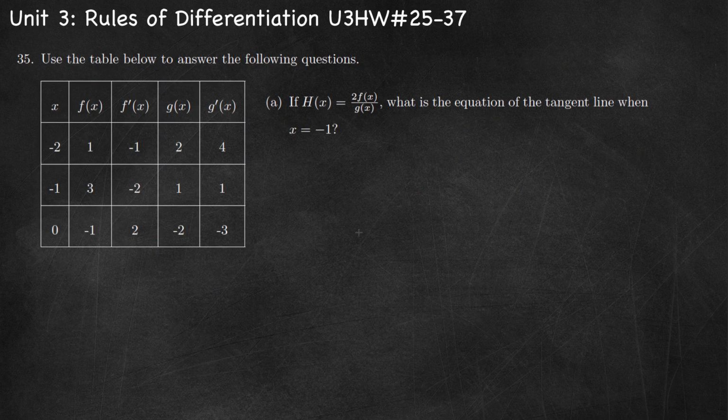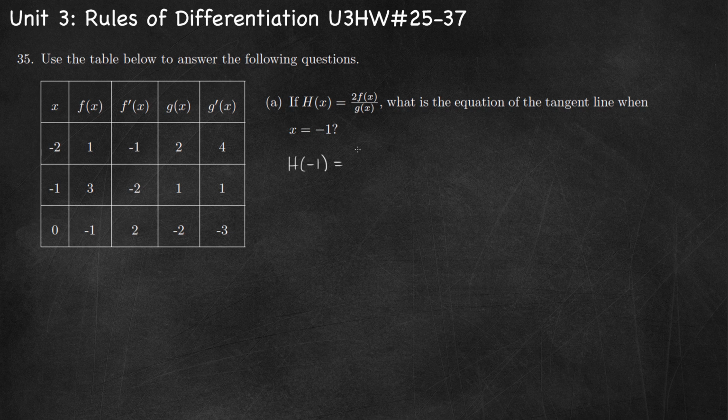35. Use the table below to answer the following questions. If h equals 2 times f divided by g, what is the equation of the tangent line when x equals negative 1? So we're going to have to find h of negative 1. And we're going to have to find h prime of negative 1. Let's find h of negative 1 first.